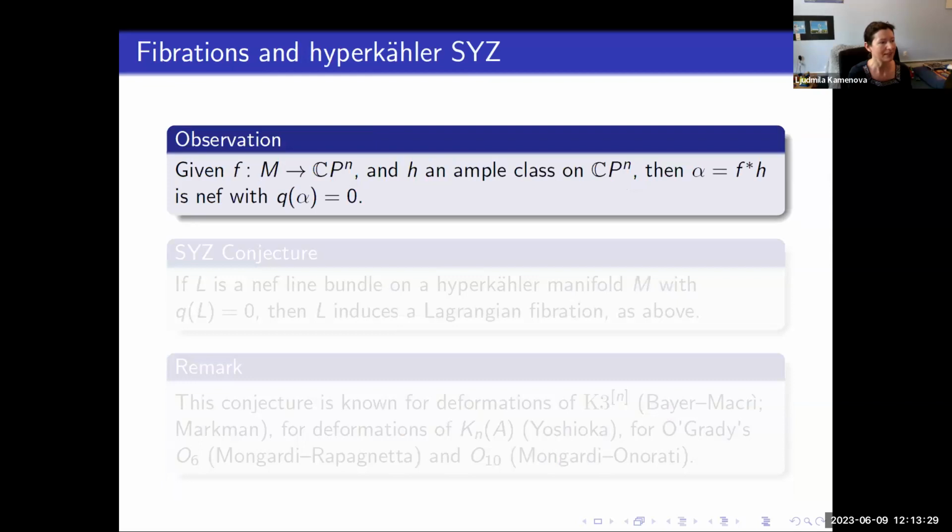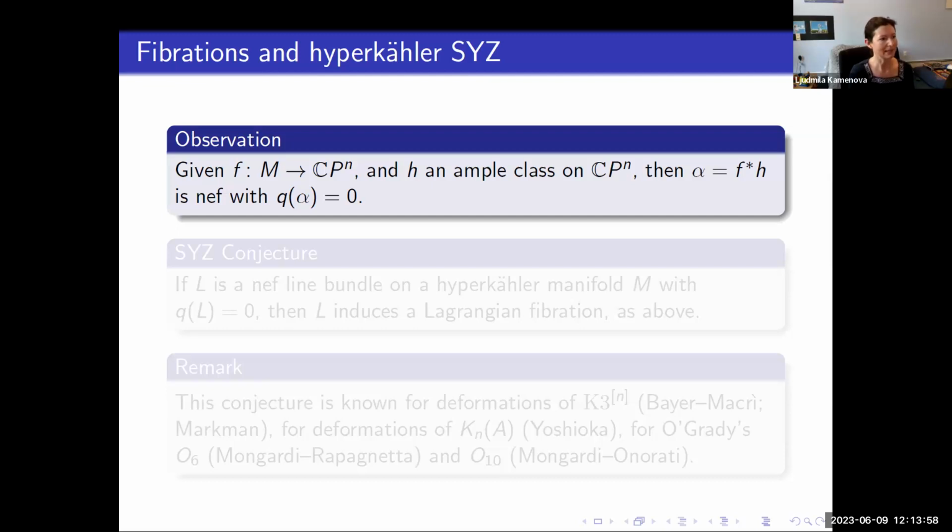So here is one trivial observation. Given a fibration, let's assume that the base is smooth. And if you take an ample class on the base, then the pullback is nef, and it satisfies that the quadratic form q of alpha is 0.